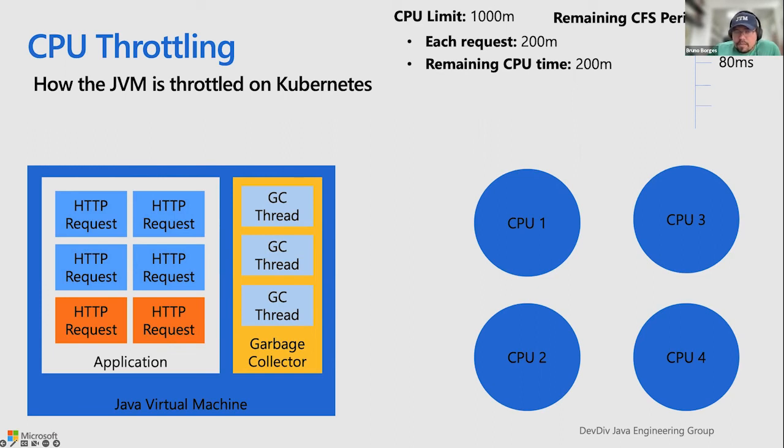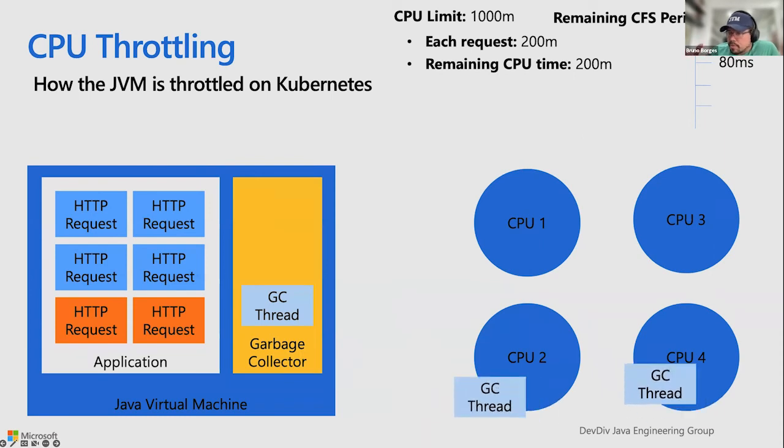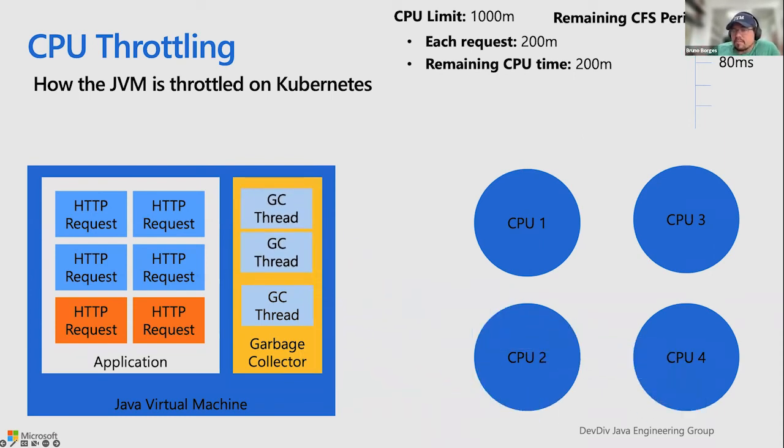The JVM is running. There's a garbage collection. The garbage collector runs multiple threads. 2 threads run at the same time. The GC work combined took about 200 millicores. So the GC work took all of the remaining CPU time available for this container.